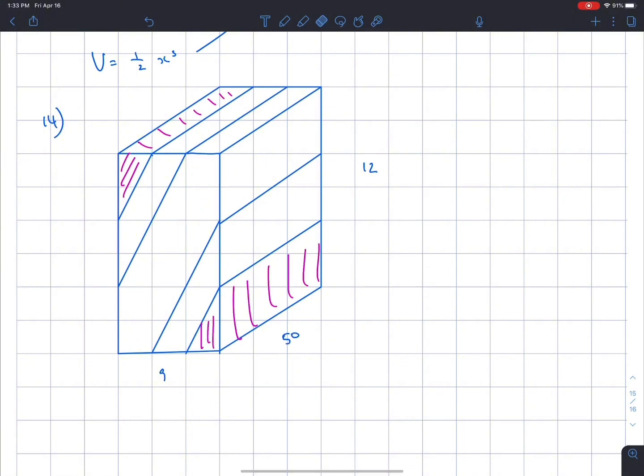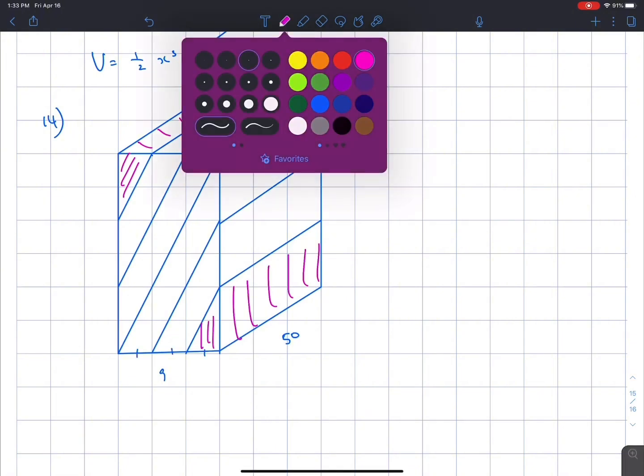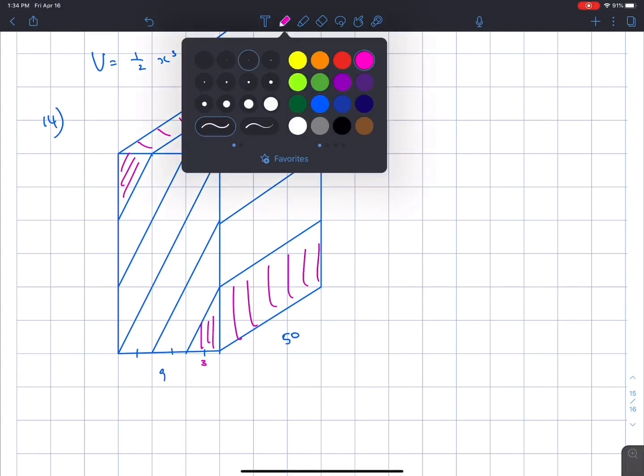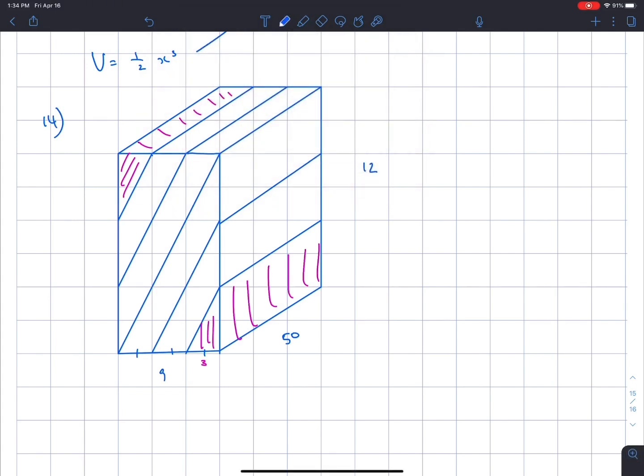We were also told that these three are exactly the same, which means each one is going to be 3. Same idea here. These are also exactly the same. So each one must be 4.